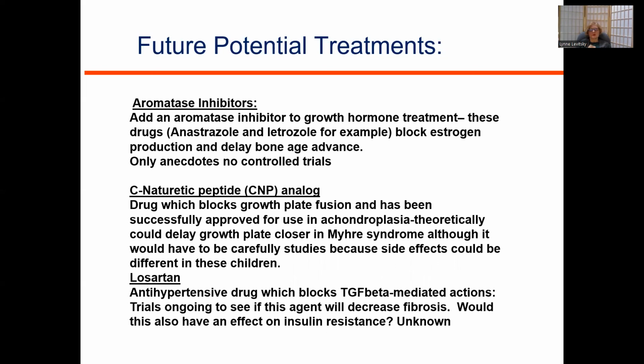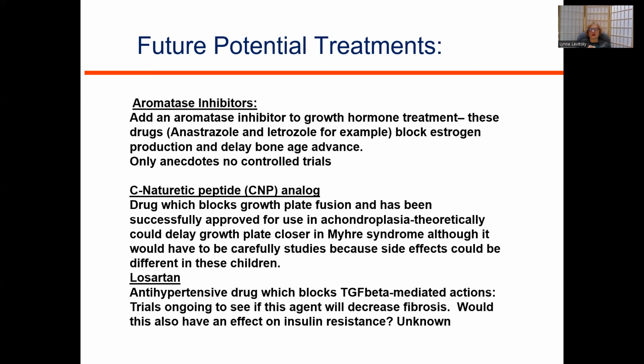Then there's another drug, which I believe there are several ongoing clinical trials of, and that's losartan. Losartan is an antihypertensive drug which has been used in adults for a long time. One of its effects is to block TGF-beta mediated actions, and those are the actions which lead to fibrosis.